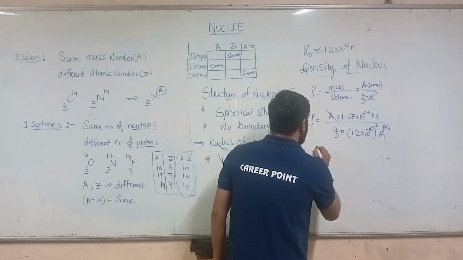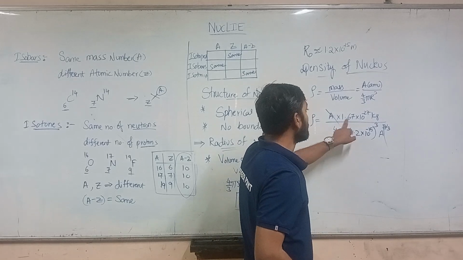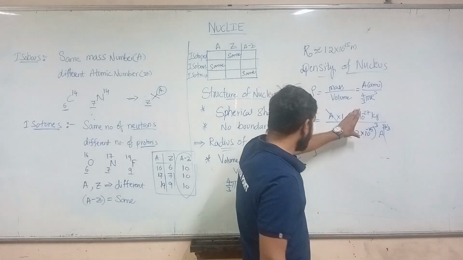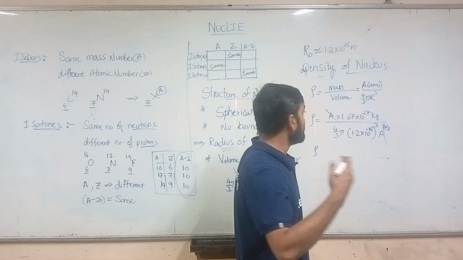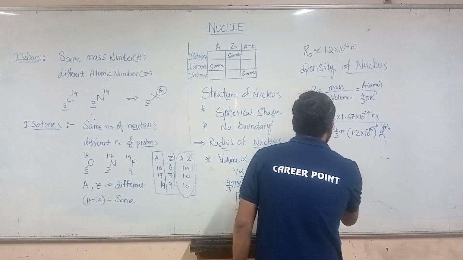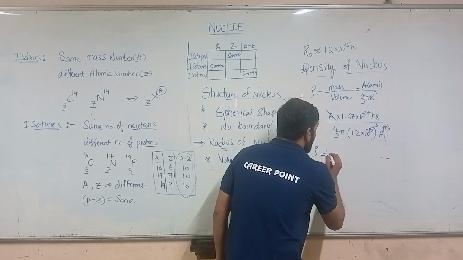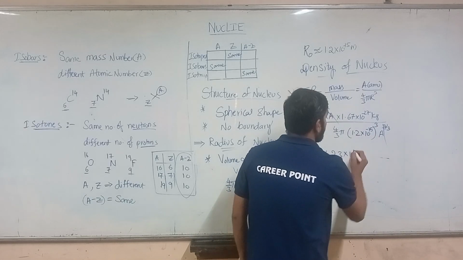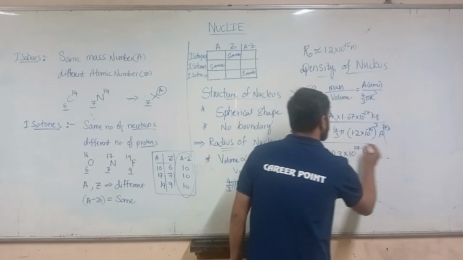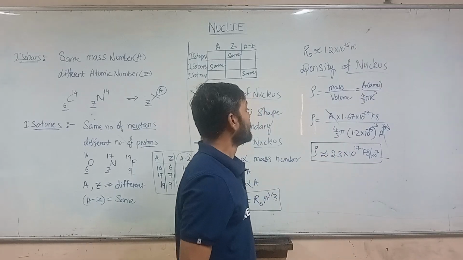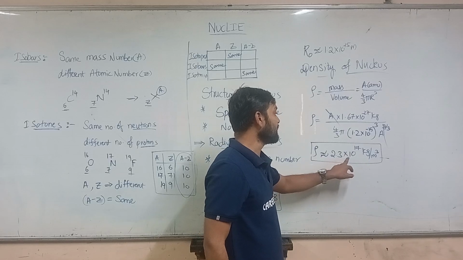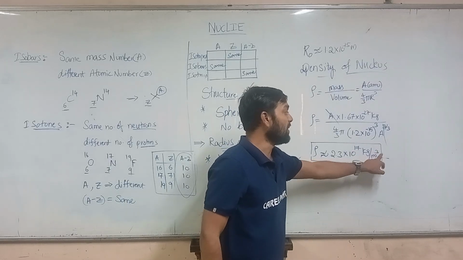The remaining thing is 4 by 3 pi and 1.67 into 10 to the power minus 27. By taking all these values we are going to get the density of the nucleus equal to 2.3 into 10 to the power 17 kg per meter cube.